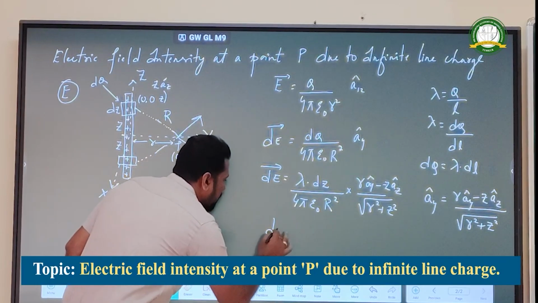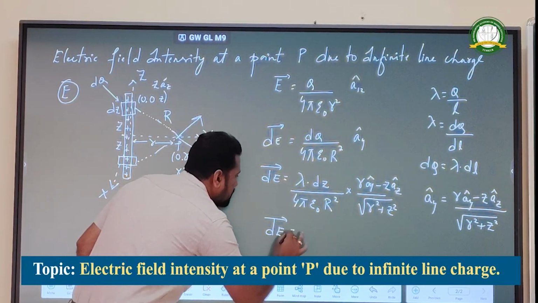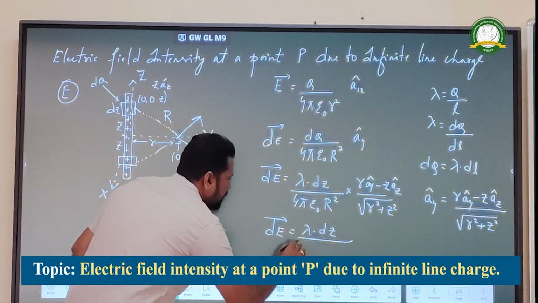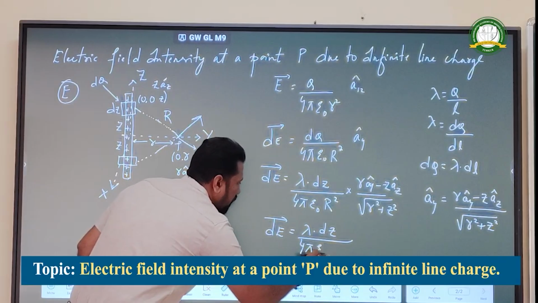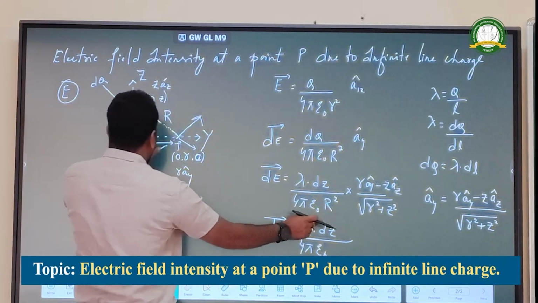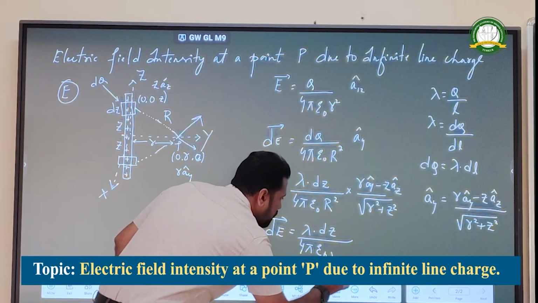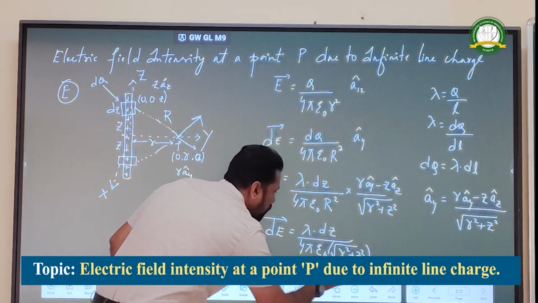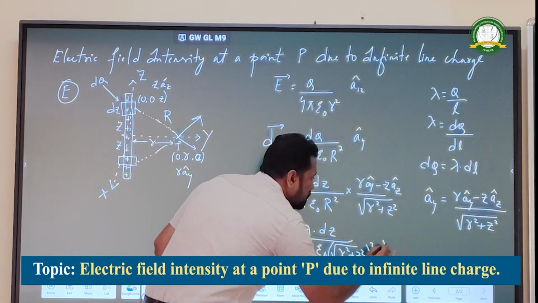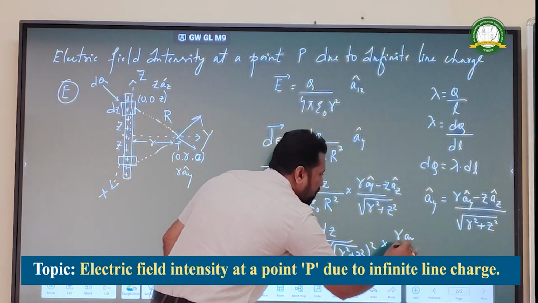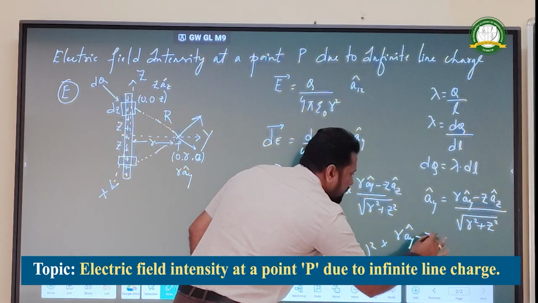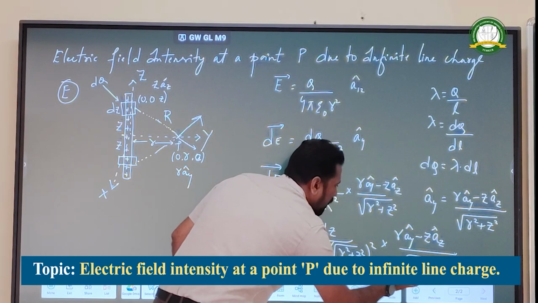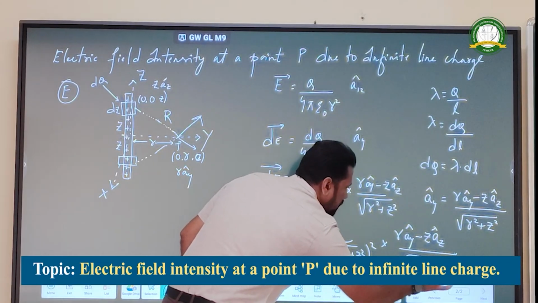Again, differential electric field dE vector is equal to lambda into dz divided by 4 pi epsilon naught. Again, r is the distance, so square root of r square plus z square whole square into r a_y cap minus z a_z cap divided by square root of r square plus z square.